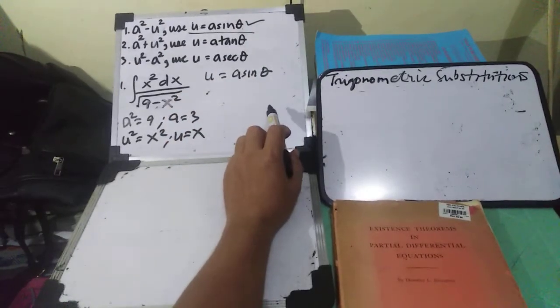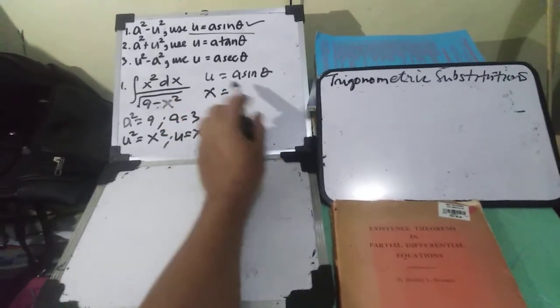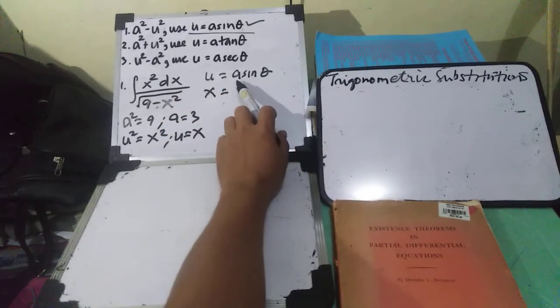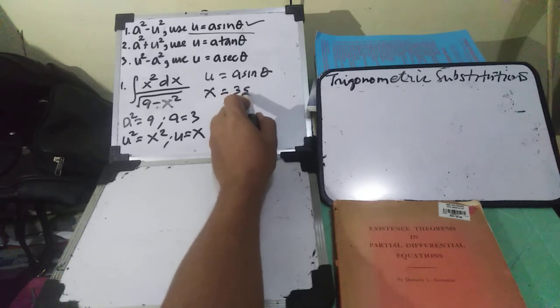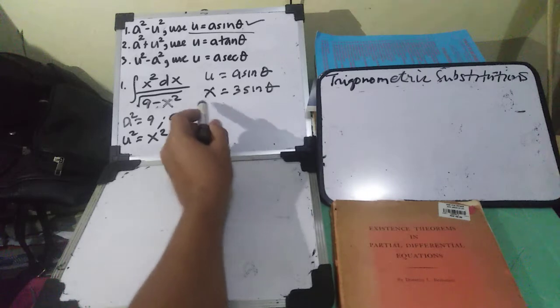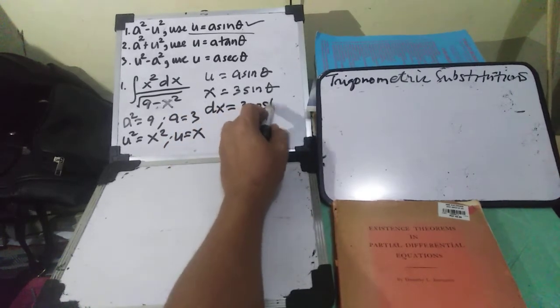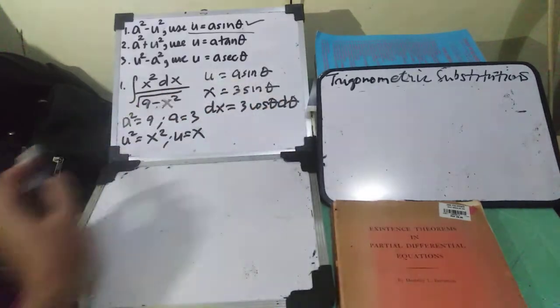which is x equals, our a is 3, sine theta. Then differentiating, we have dx equals 3 cosine theta d theta.